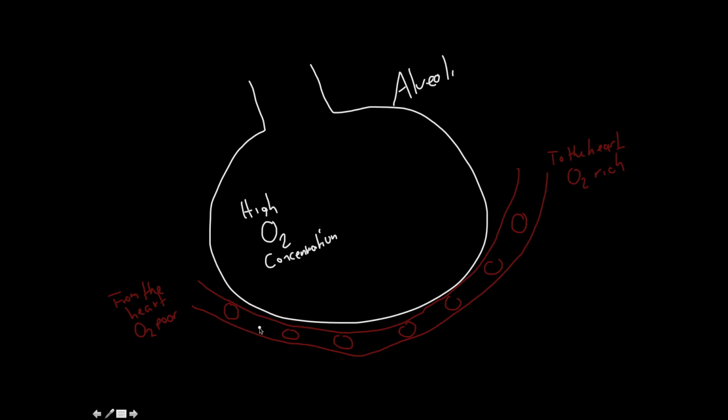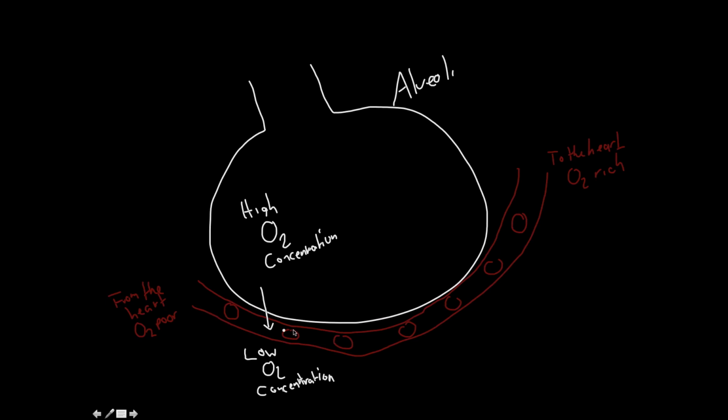Out here in the blood, it's oxygen poor, so there is a low O2 concentration in the blood. Because of that, if you remember our diffusion rules, the molecules of oxygen are going to want to move from high concentration to low concentration. So the oxygen will want to move from the alveoli into the blood.